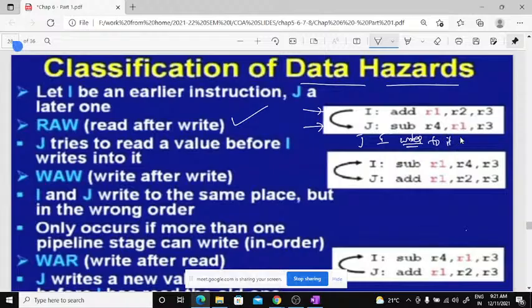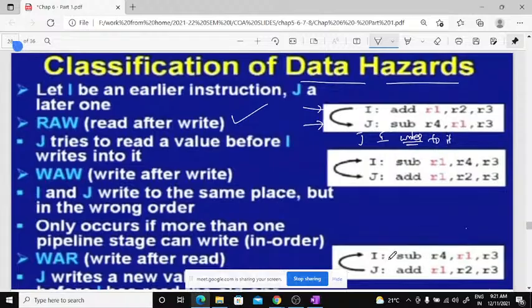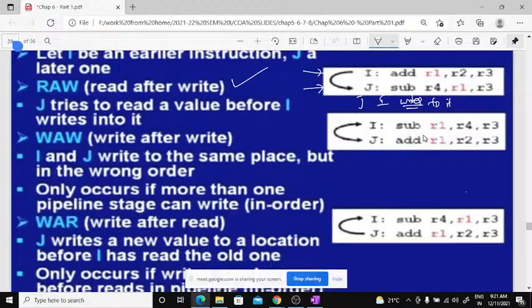Write after write means both instruction I and instruction J are writing to R1. So first, I completes the write operation. After completing the I instruction's write operation, then you proceed with the J operation.